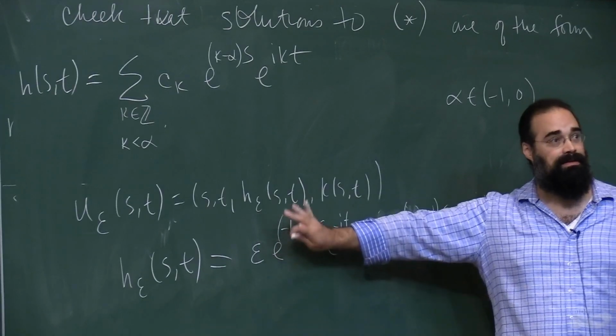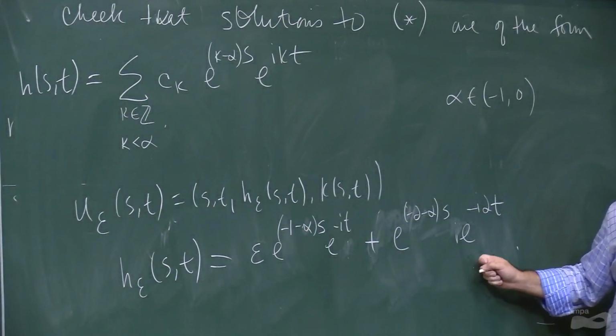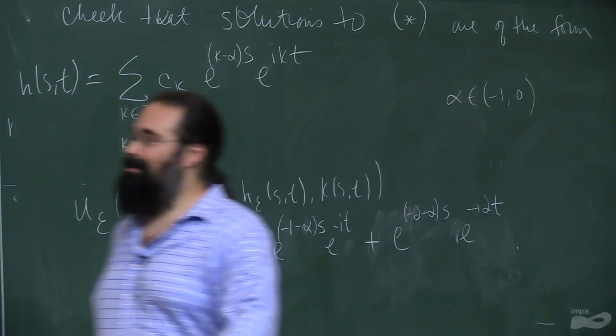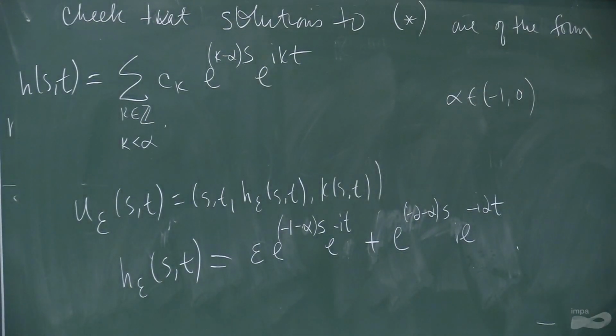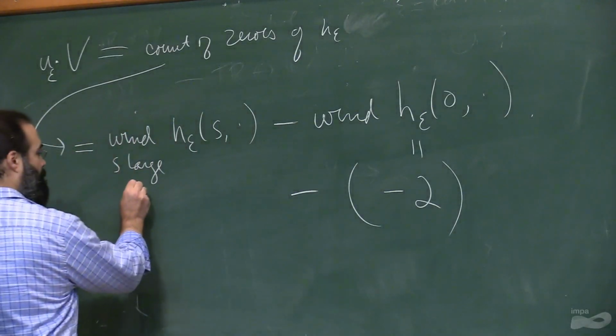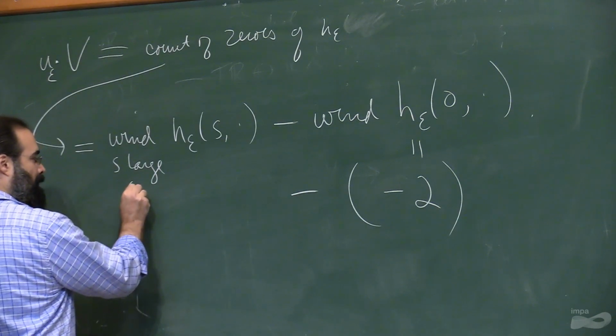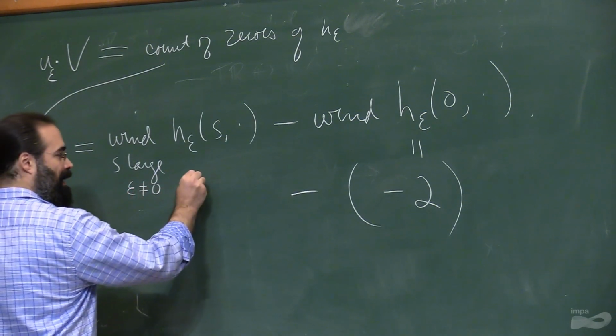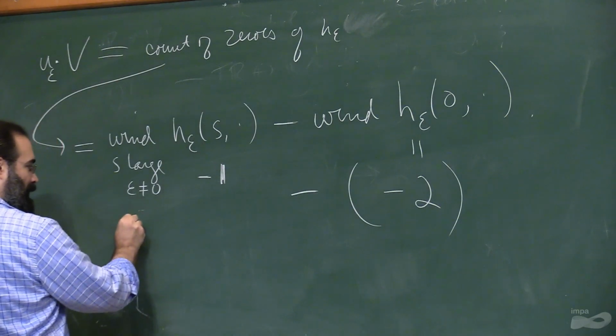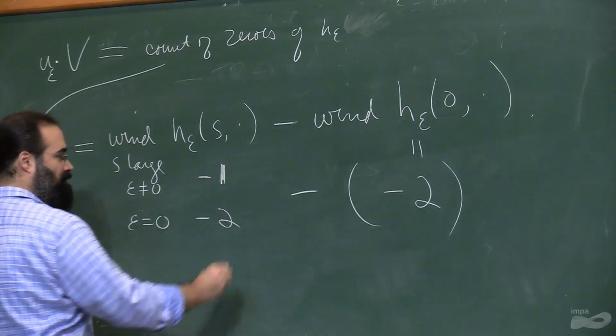If epsilon's 0, this term's not there, and the winding for s large is that. So for epsilon not equal to 0, we get -1 here. For epsilon equal to 0, we get -2.